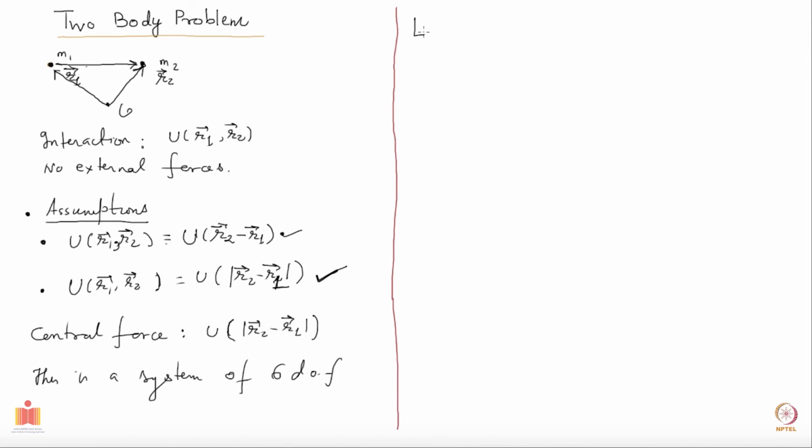So your Lagrangian L is half m1 r1 dot squared plus half m2 r2 dot squared minus the potential energy, which is a function of the modulus of r2 minus r1. It cares only about the length. Now we ask whether these are the best coordinates to describe the system.